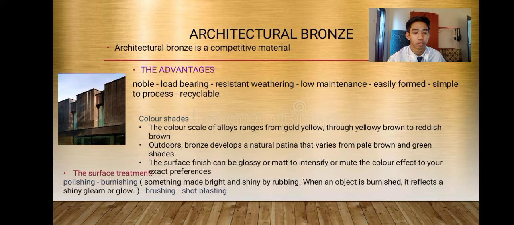Outdoors, bronze develops a neutral patina that varies from pale brown to green shades. The surface finish can be glossy or matte to intensify or mute the color effect to your aesthetic preference.